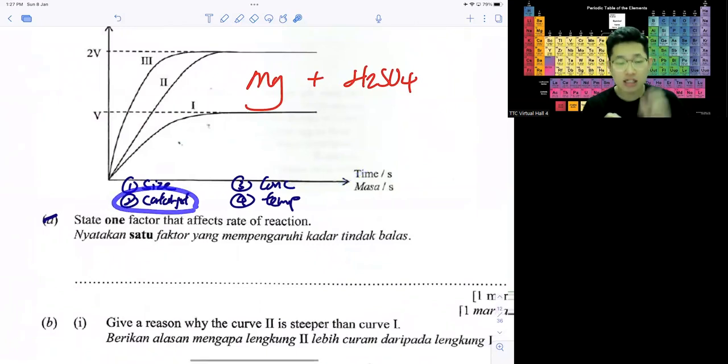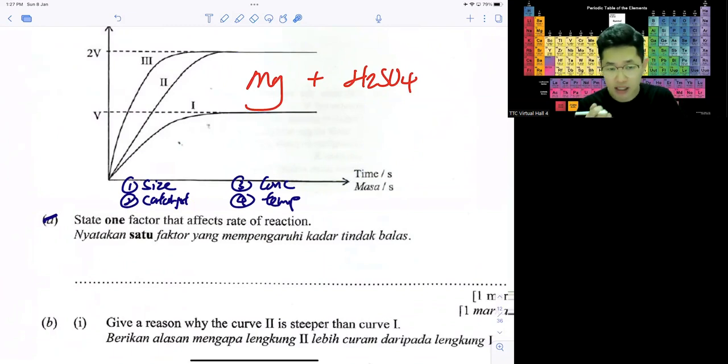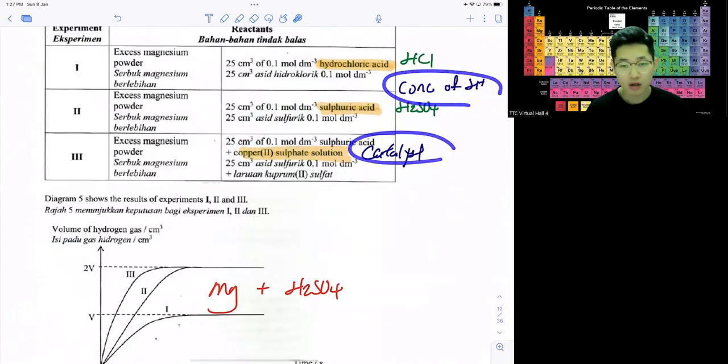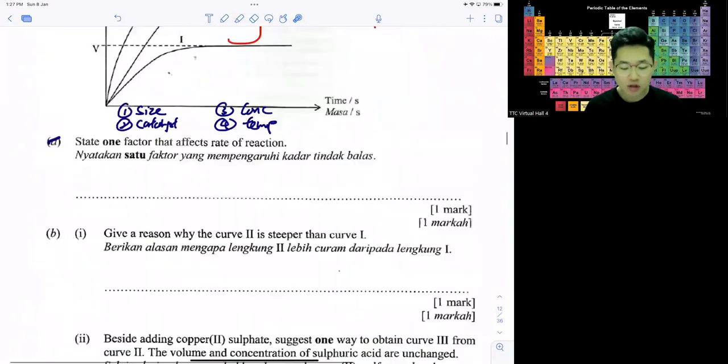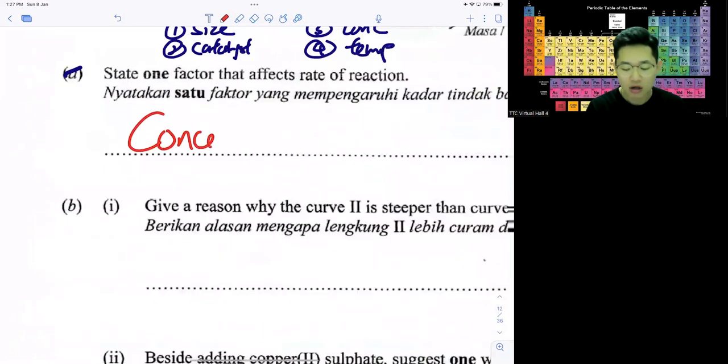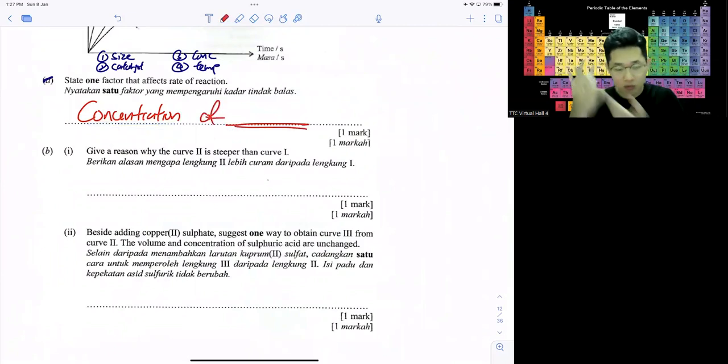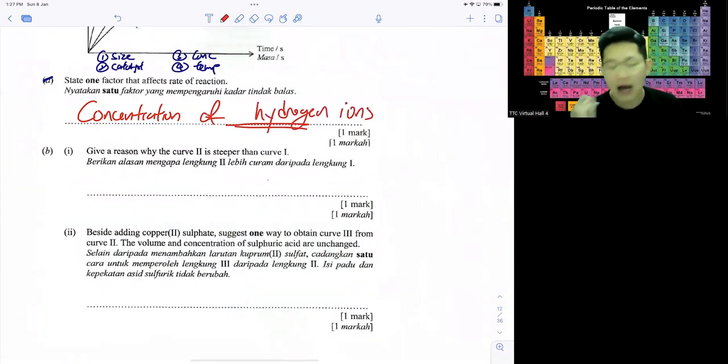And then 最后 catalyst 只是用在2个东西上面，一个是 acid 加 metal，也就是这一个 reaction，另外一个是 hydrogen peroxide，所以它是 specific 的2个罢了。所以当他要我讲一个 factor 的时候，我已经有答案了。Concentration of catalyst. So when we are writing factor, we don't just write concentration. We must write concentration of what? Don't forget of what? Like what I written on the top, concentration of hydrogen ions.